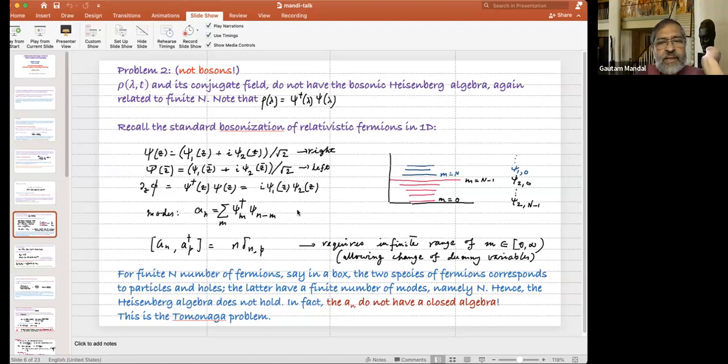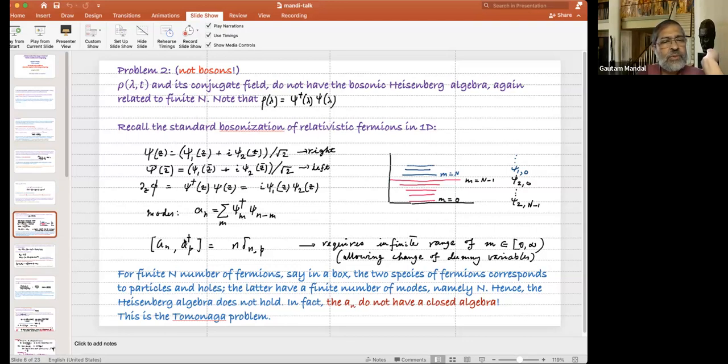If you have non-relativistic fermions, then the psi1 and psi2 appear from the particle states and the hole states. Because the hole states are finite in number, they number up to capital N, the mode sum for the psi2 goes only up to a finite upper cutoff. Therefore, a shift of the summation variable is not allowed.